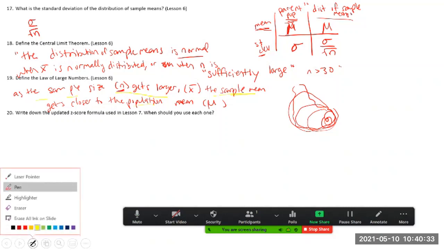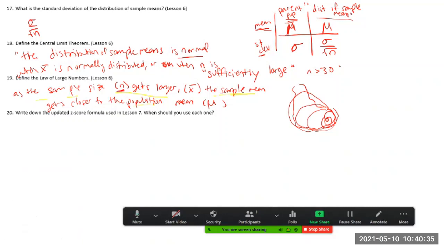Awesome. Okay, the last one, number 20, says write down the updated z-score formula used in lesson 7. When should you use each one? Okay, so the new z-score formula is z equals x bar minus mu over sigma divided by the square root of n.